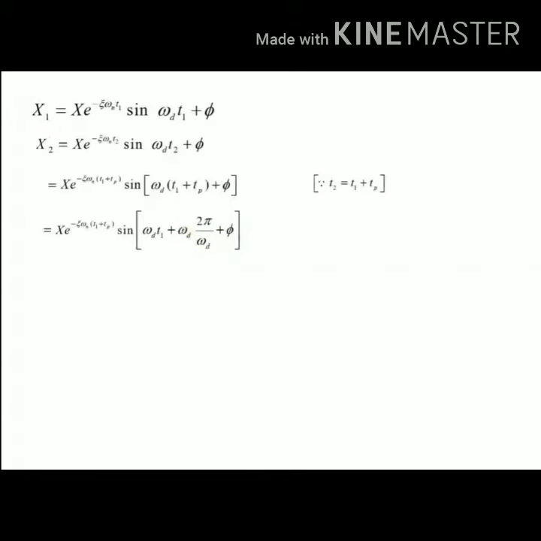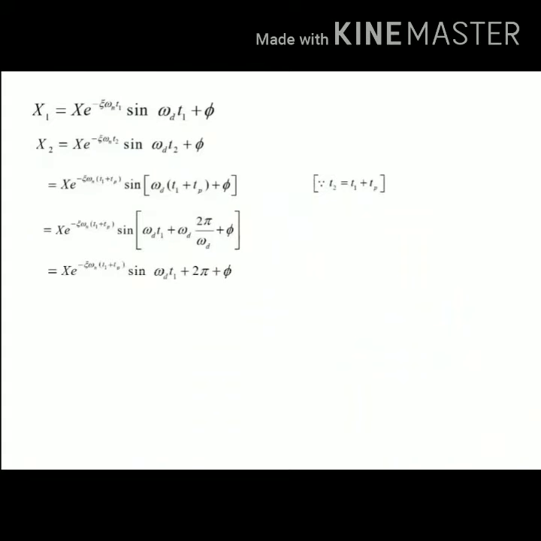So we can write x2 is equal to x e raised to minus zeta omega n in bracket t1 plus Tp into sin of omega d t1 plus omega d into 2 pi by omega d plus phi. Here omega d gets cancelled.